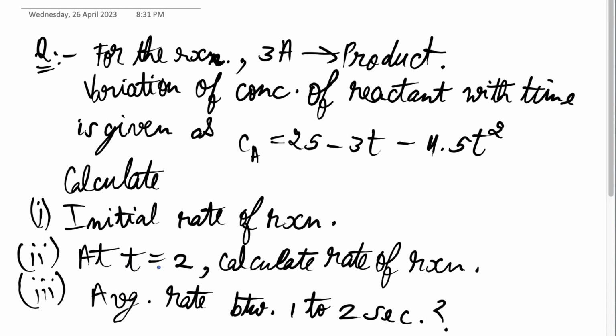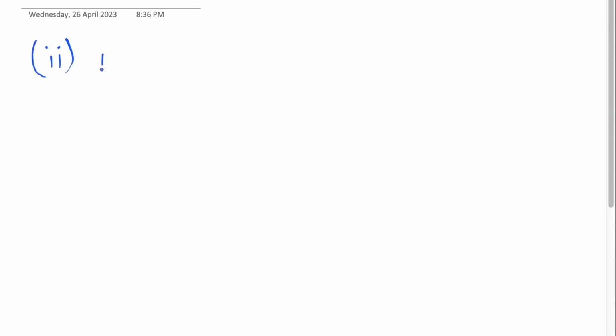Now let's move to the second part. We have to calculate the rate of reaction at t equal to 2. At t equal to 2, the rate of reaction is given by, we have seen, minus 1 by 3 dA by dt.